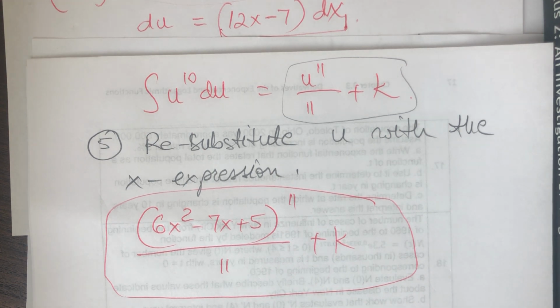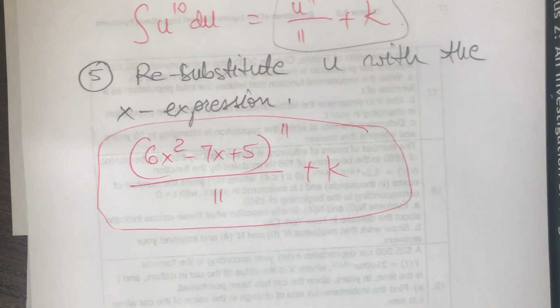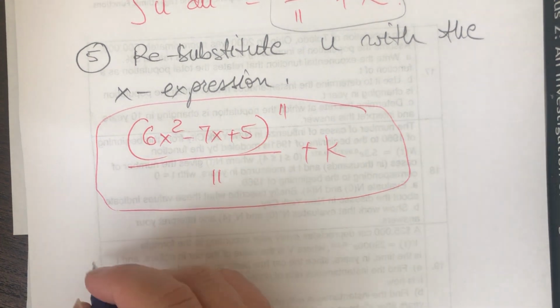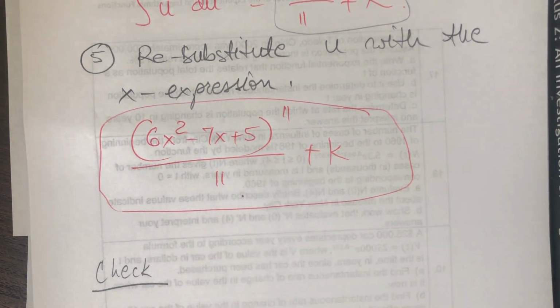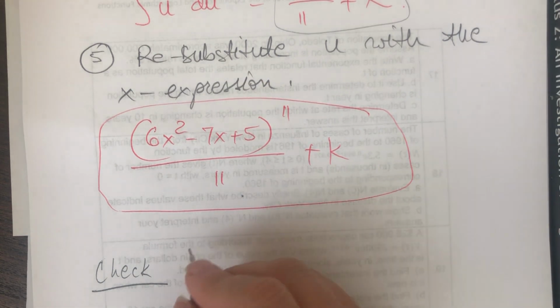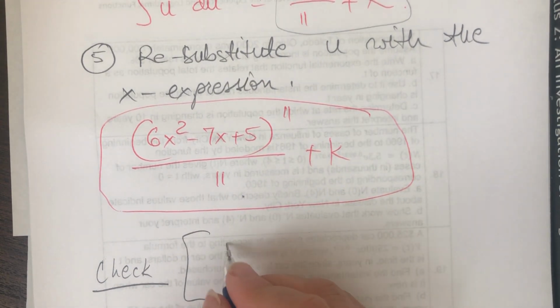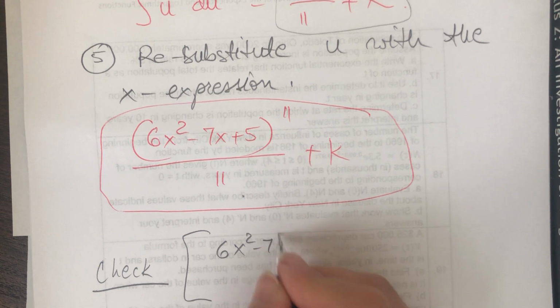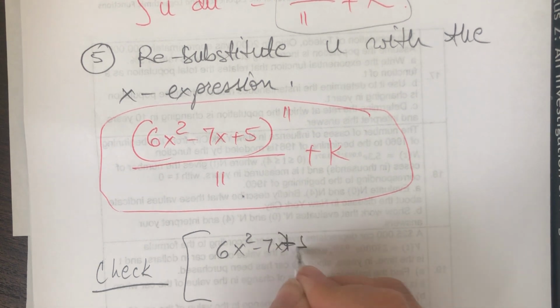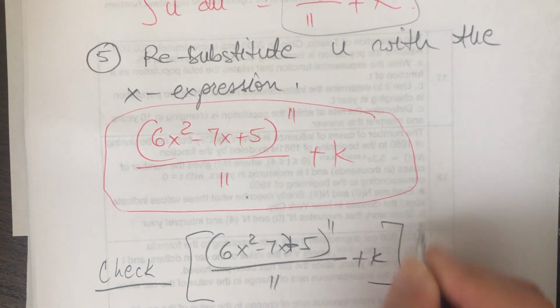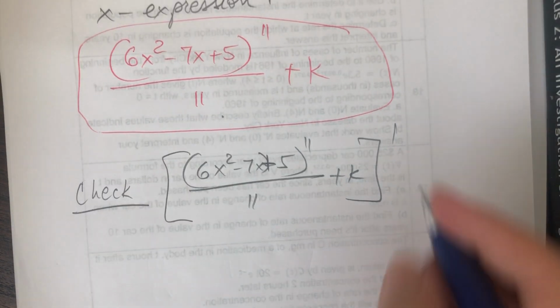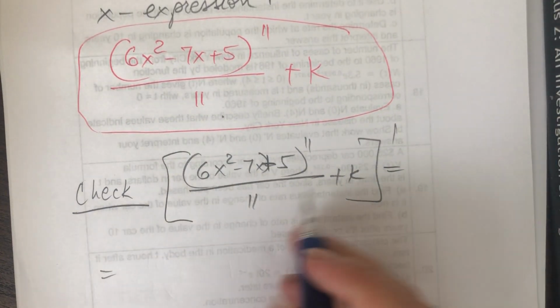Yes, it was. What I'm going to do is check the answer just to make sure. What does it mean to check the answer? Take the derivative of this function, see what you get. So I'm going to want to find the derivative of this. Okay, so what's the derivative of this? Well, I'm going to go term by term.